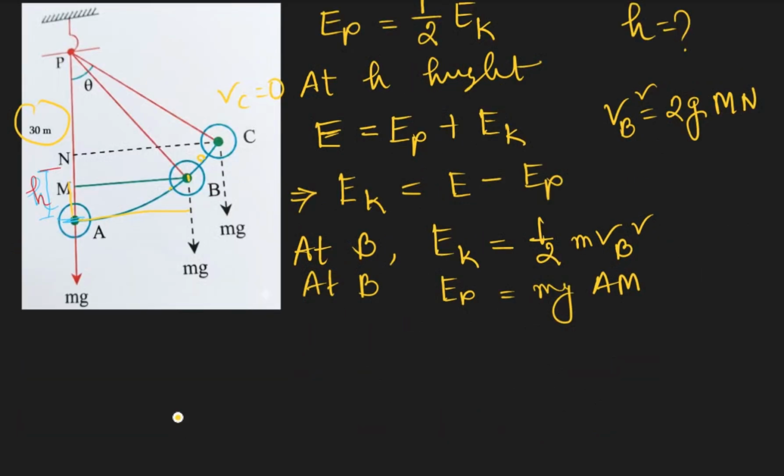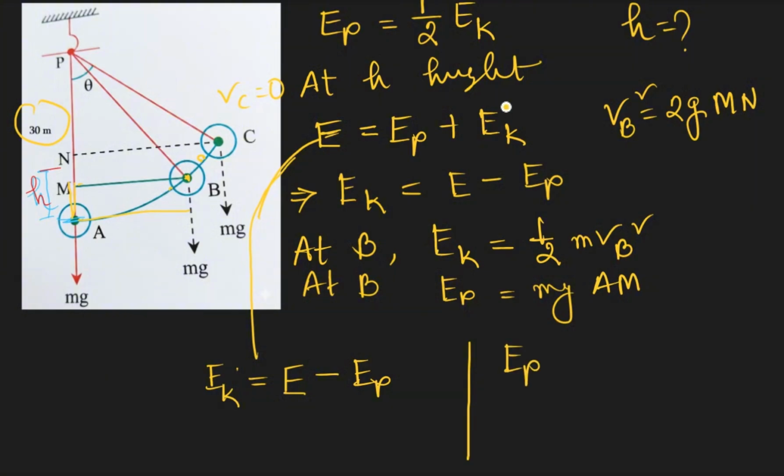So from the condition, we have E equals EP plus EK, or EK is equal to E minus EP. So if, let's say, at a certain point H represents the M point, then at B point the total energy minus the potential energy equals the kinetic energy, right? And the condition we have is EP is equal to half of EK.